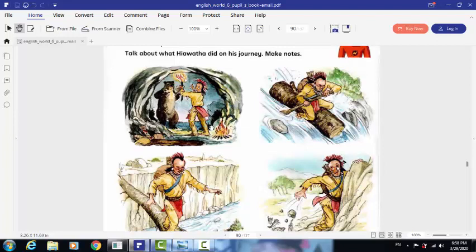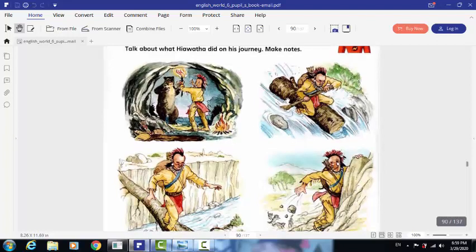Quickly, he picked up a burning branch from the fire and waved at the bear. So, what did the bear do? It was scared of the fire and ran away. So that was about the first picture.